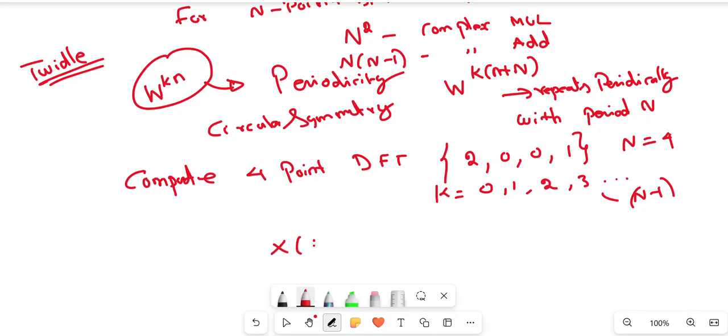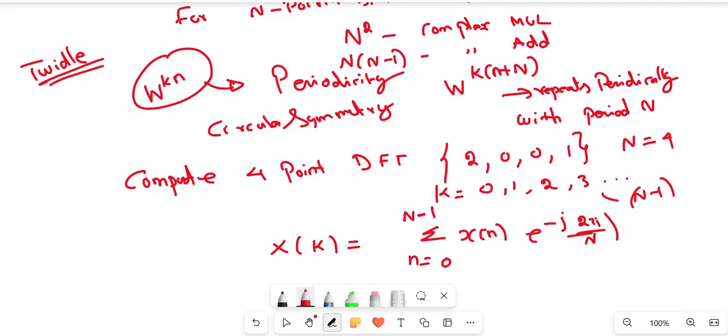The DFT direct computation formula is the summation of n equal to 0 to N minus 1 of x of n into e power minus j 2 pi by N into kn, where W is equal to e power minus j 2 pi by N.